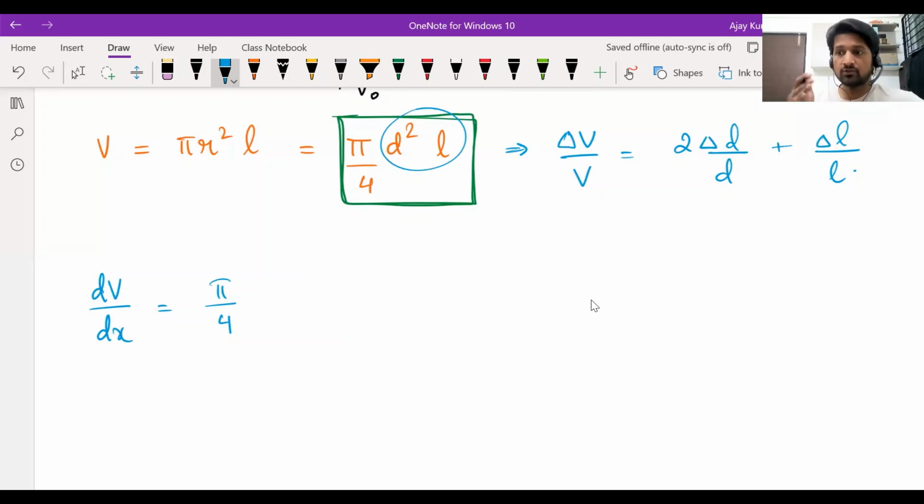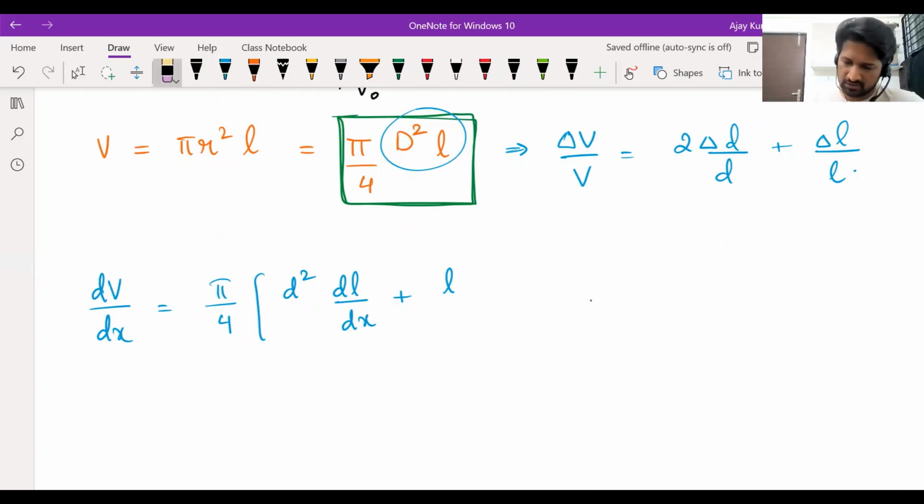Okay. So you have to use the product rule. How do you use the product rule? u dv by dx plus v du by dx. I should have used some other symbol in place of d. Let me use capital D for diameter just to avoid confusion with the differentiation d.